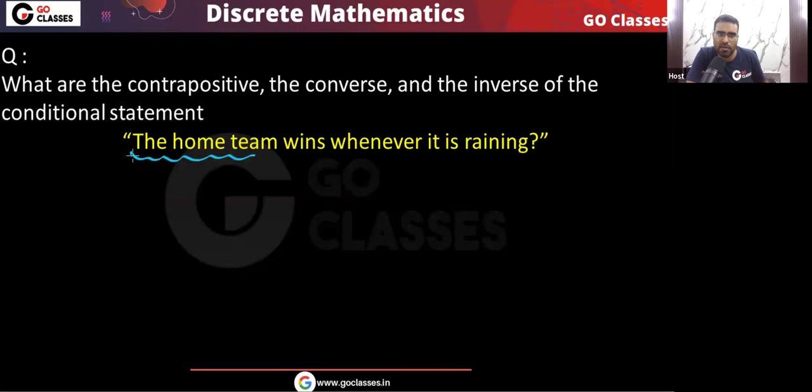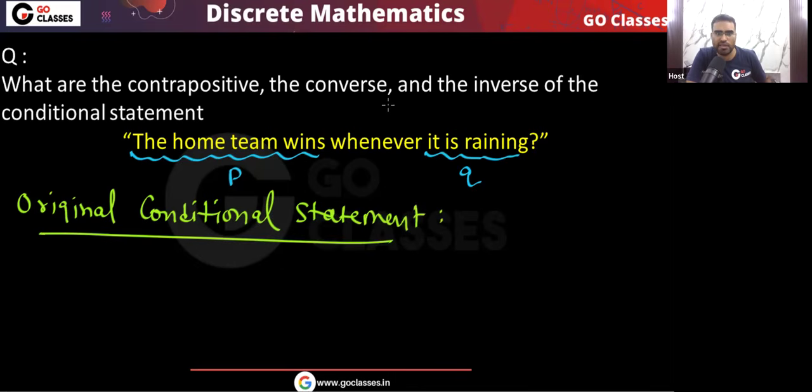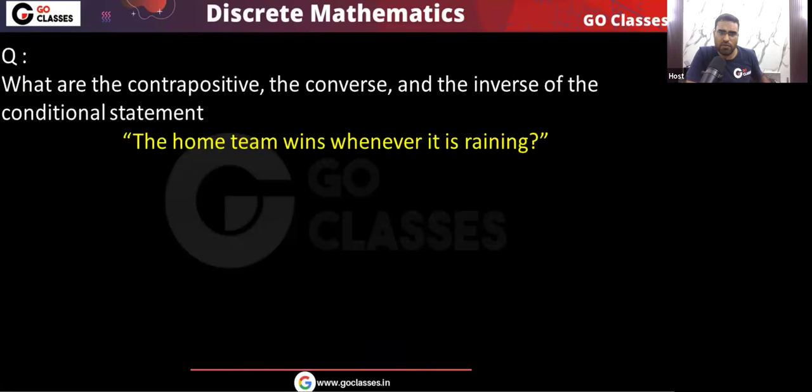Remember here, this is P, this is Q. Can you tell me our original conditional statement? Our original conditional statement is Q implies P. Very good. Because if you remember, we have already seen this. What is P whenever Q?